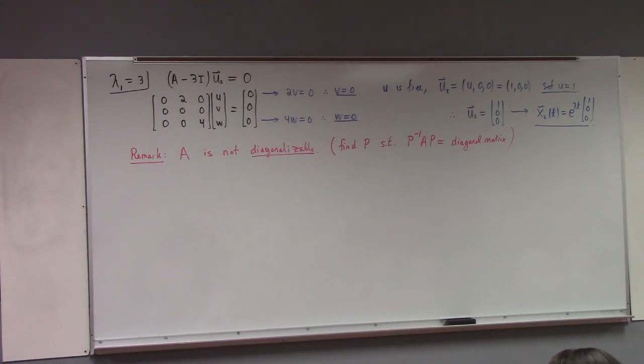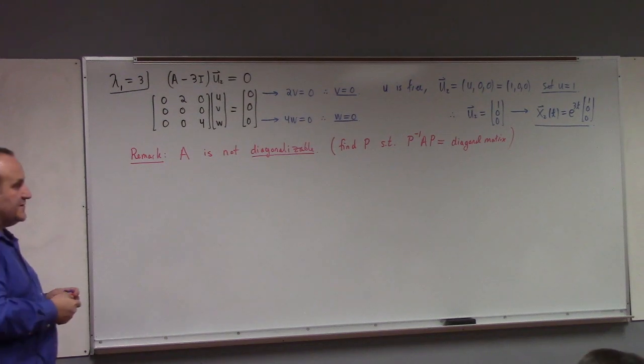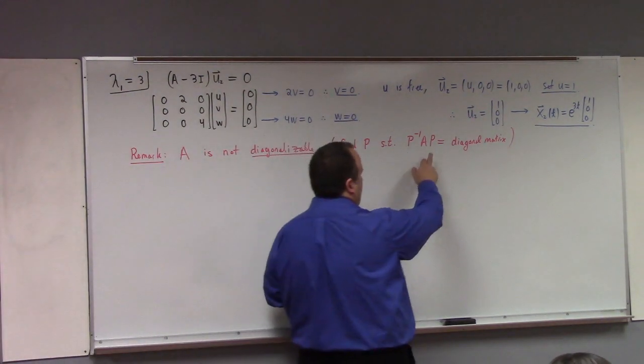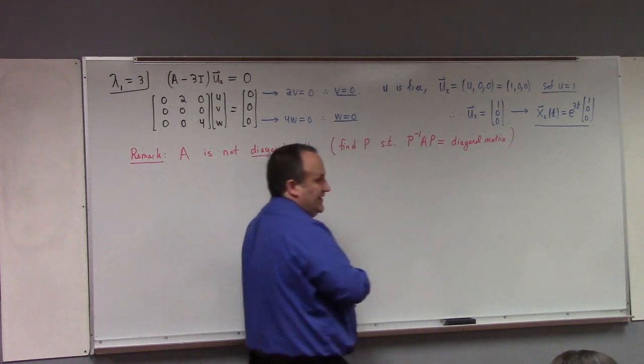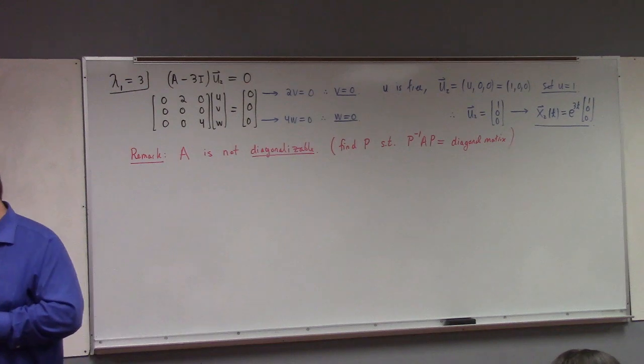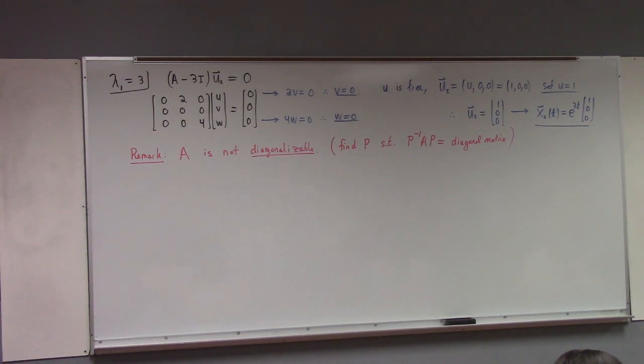From the calculations we've done and the theory that you'll hopefully study in Math 221, this matrix is not diagonalizable. And what that means is that there's not enough eigenvectors. The way you diagonalize the matrix is you make P a matrix of eigenvectors if you have them. So if you have enough eigenvectors, you can diagonalize the matrix. We can't do that here. So what do we do?